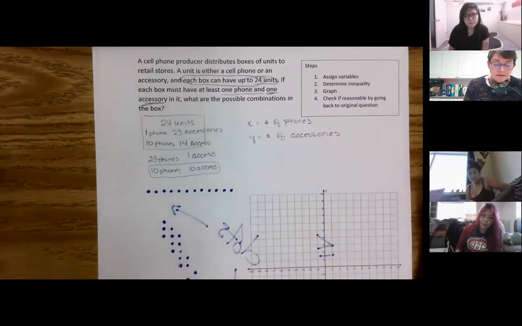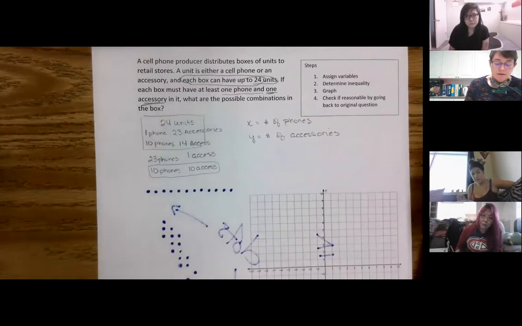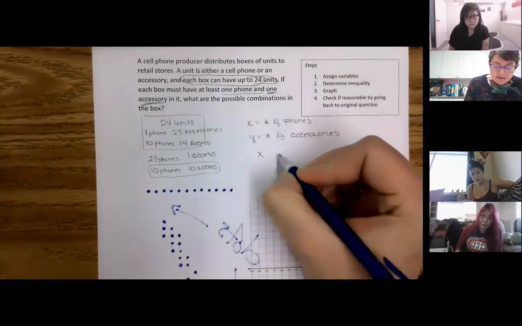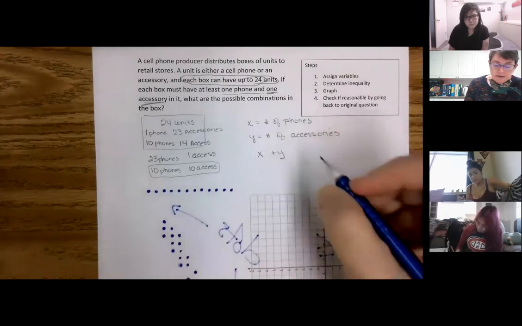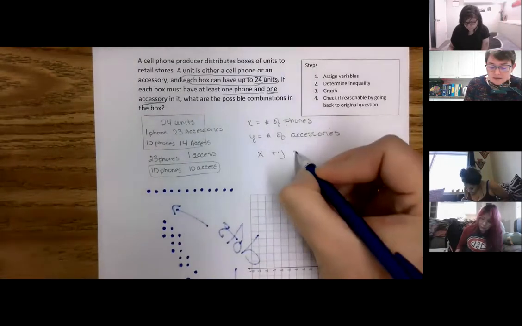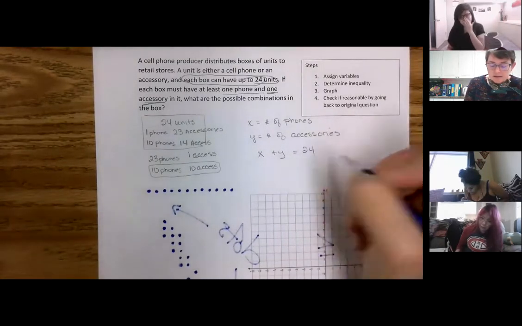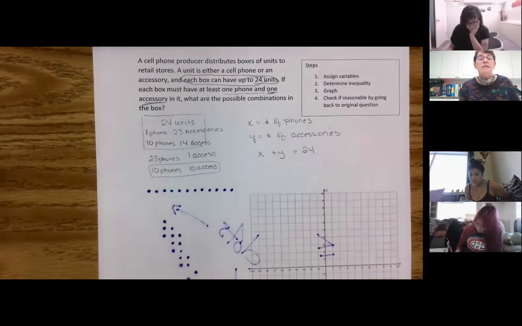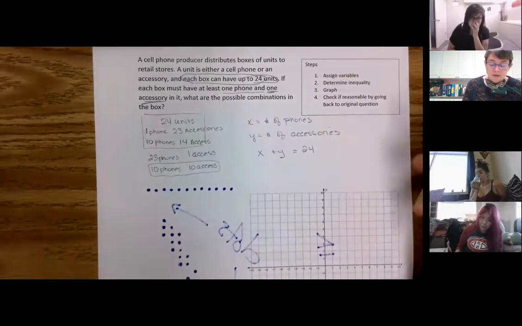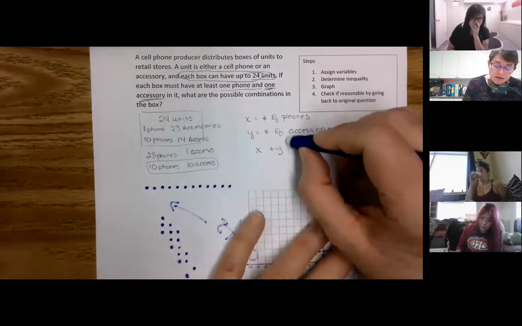Those two things, you could have up to 24. So X plus Y, my phones plus my accessories. Now, if it was exactly 24, I'd have a lovely equation like that. But it says it can have up to 24, so that's not quite right.